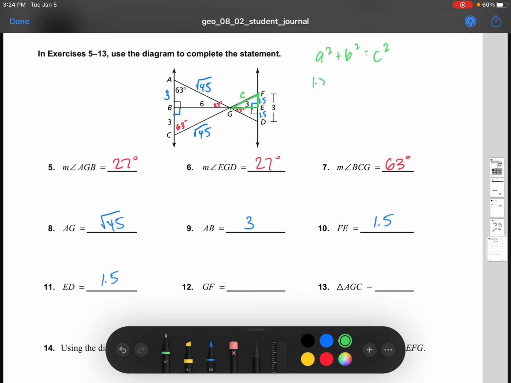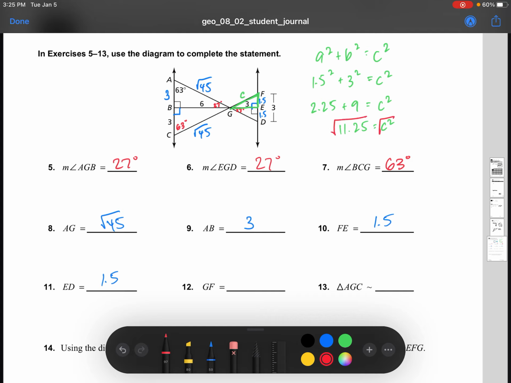We can write 1.5 squared plus 3 squared, where 1.5 and 3 are the lengths of the legs, equals C squared. 1.5 squared is 2.25. 3 squared is 9. That equals C squared, so 11.25 equals C squared.